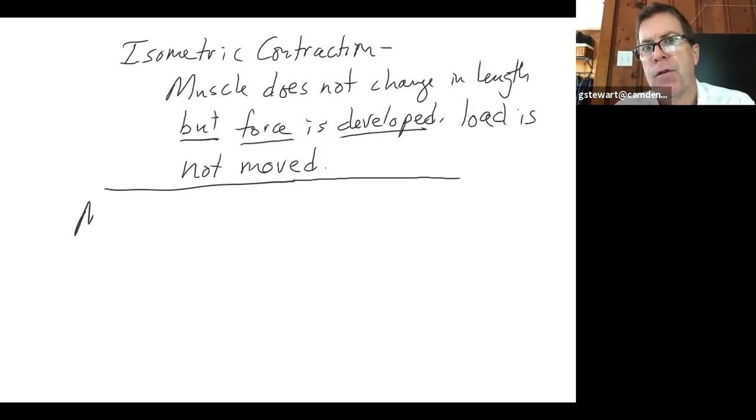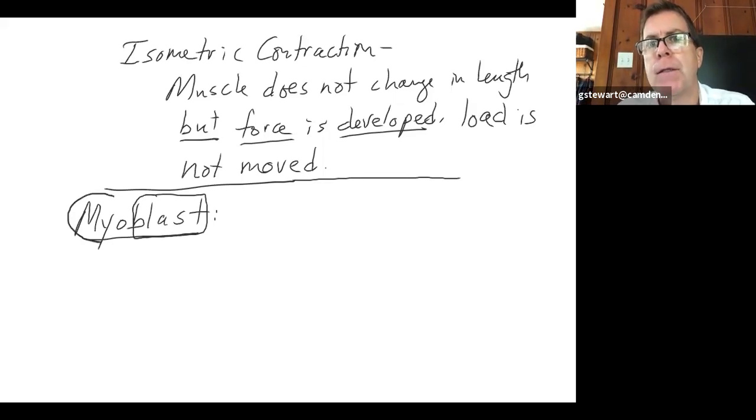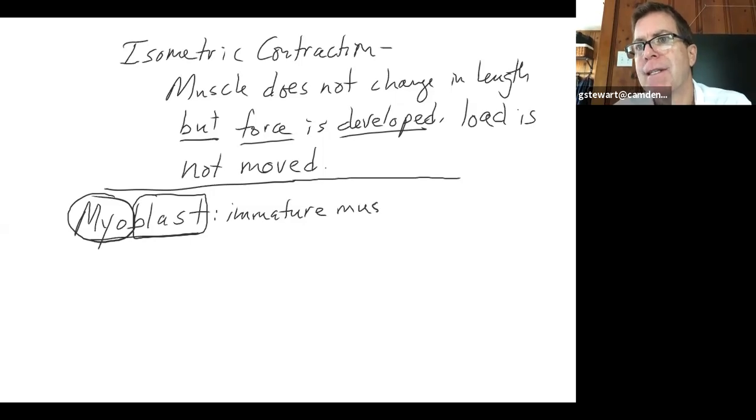And we're going to first start off with this term, myoblast. We know what the term blast means. It means immature cell. We know what myo means. It means muscle. So by definition, this is a new, young, immature skeletal muscle cell.